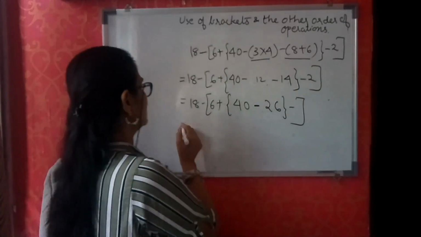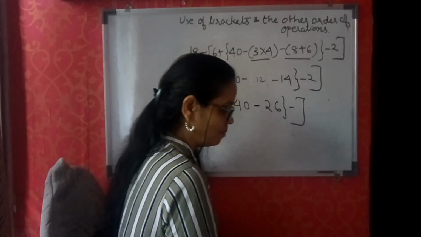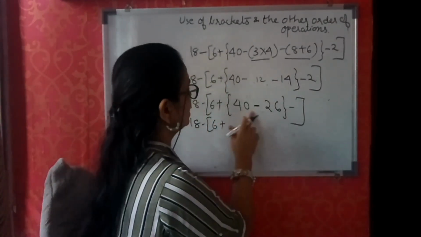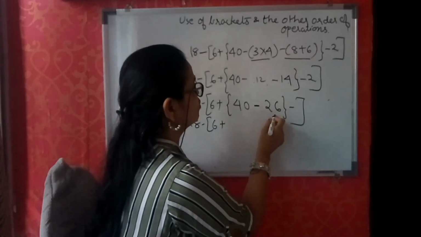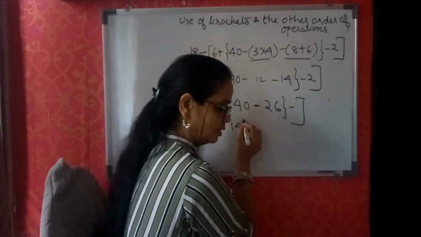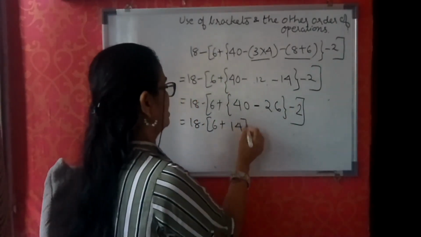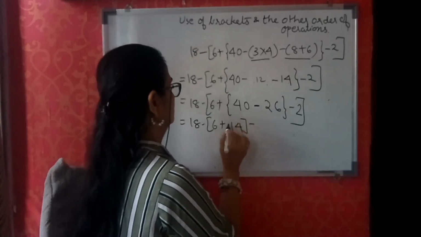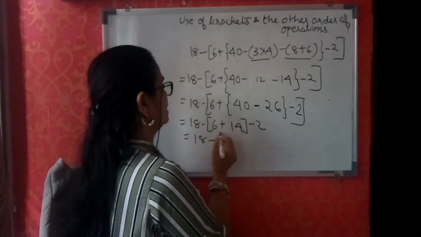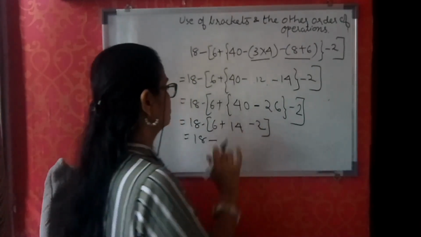Now we are removing this bracket: 18 minus 6 plus 40 minus 26, right? 40 minus 26, what should be your answer? 14. Got it? And this will be minus 2. So now what will you do? 18 minus, this bracket is removed.